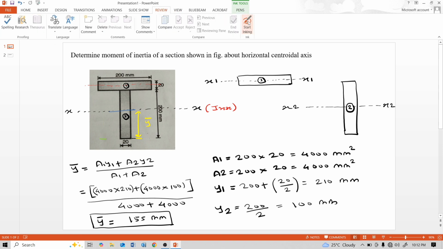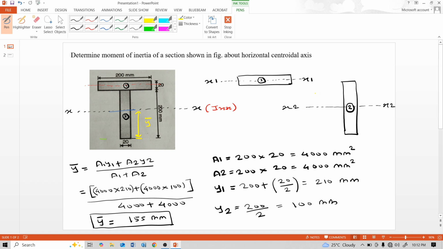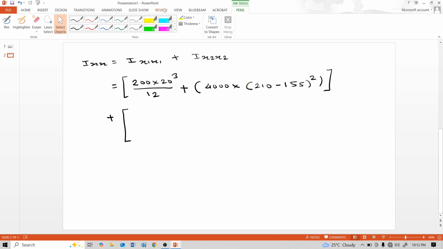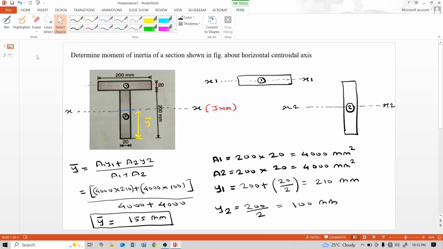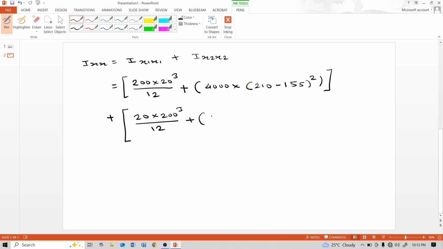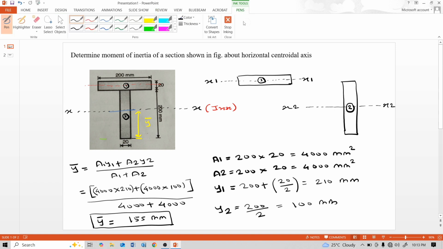The web part moment of inertia is Ix2. The side parallel to the x2 axis is the thickness of the web, 20 mm, so 20 multiplied by 200 cube divided by 12, plus A2, the area of the web, which is also 4000 mm square, multiplied by the distance between the x2 axis and the x axis.